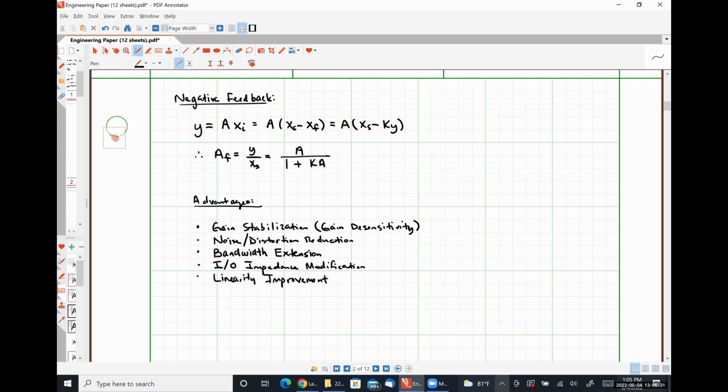Okay. So those are the 5 advantages. They are huge in creating stable and repeatable operating points in an amplifier. The only disadvantage is that the gain gets smaller.